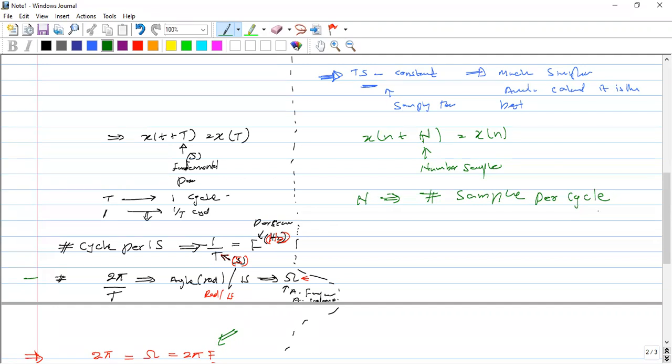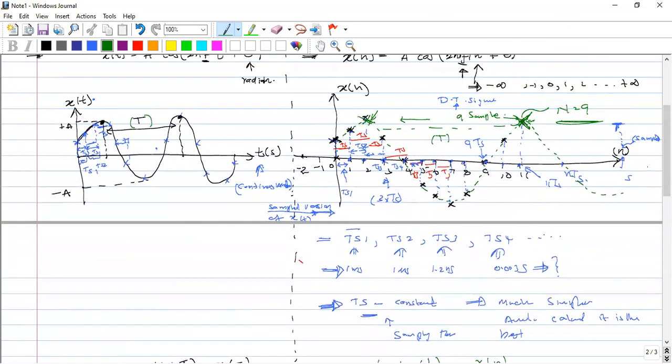Am I correct? If this is a sinusoidal signal, from here to here it is one cycle, and again from here to here. Here I get 9 samples per one cycle.